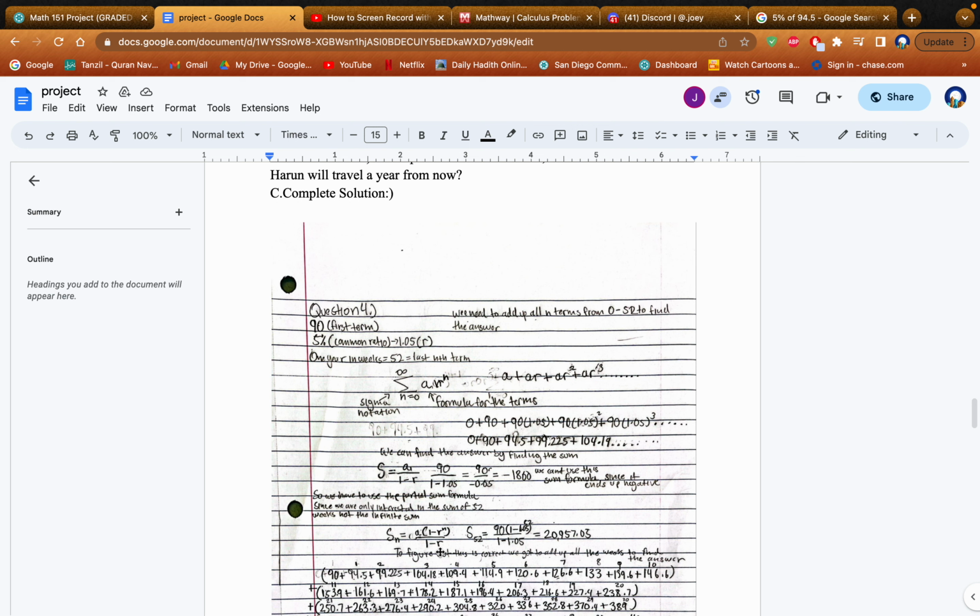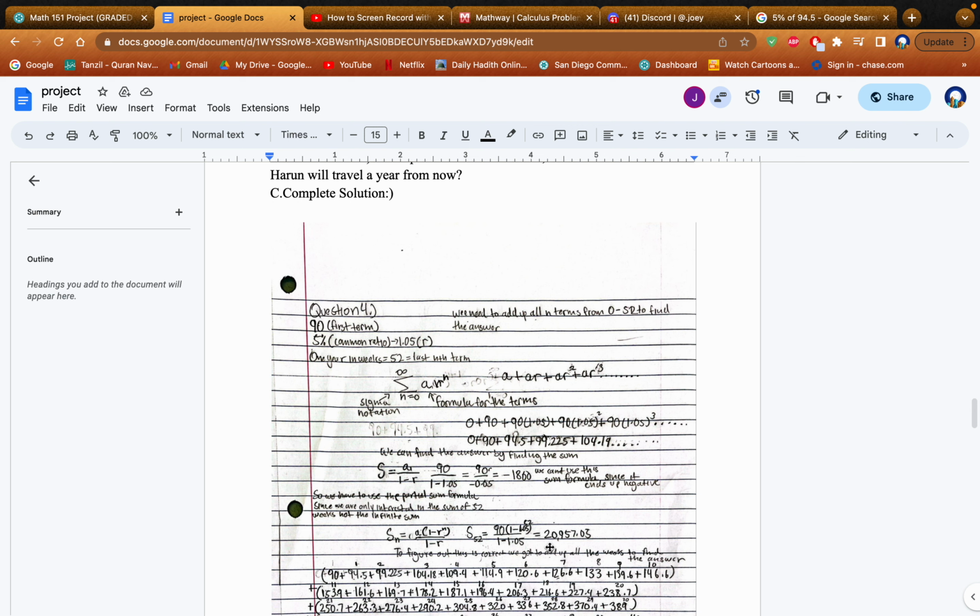That's usually used for finite series, but we could use it to maybe find our answer. Maybe it won't be as accurate, but it could work. So we just plug in 90 for a, and n as 52, because there are 52 weeks in a year.